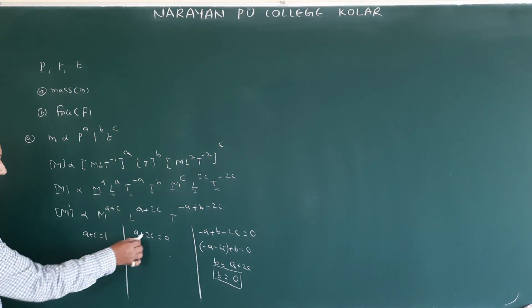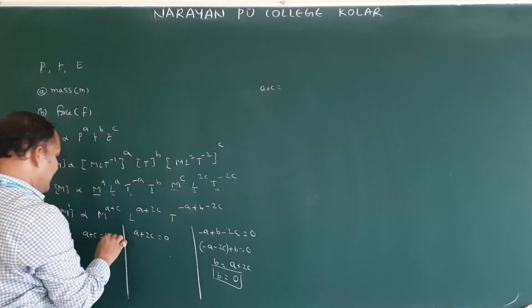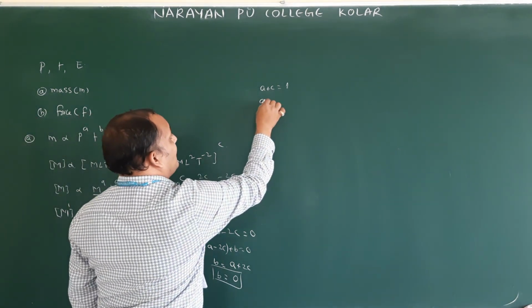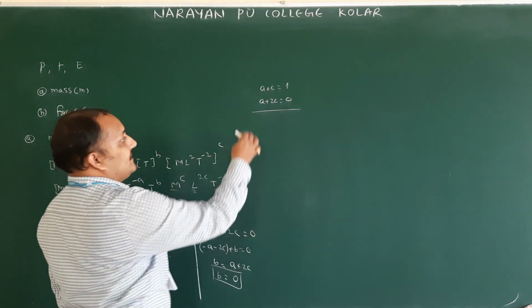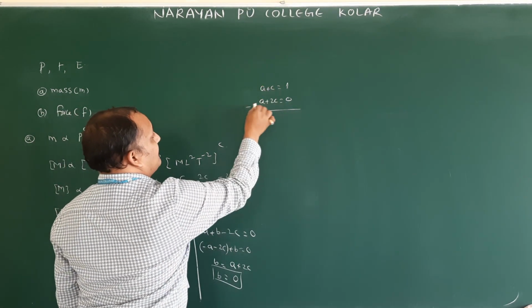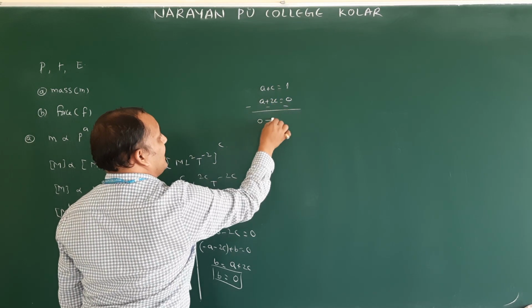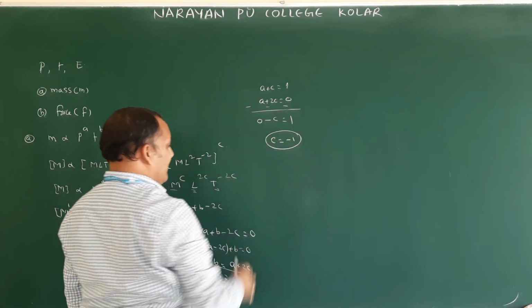So two equations, two unknowns. How do we solve? A plus C equal to 1, A plus 2C equal to 0. What will you do? Subtract. A minus A is 0, C minus 2C is minus C, 1 minus 0 is 1. Then C is equal to minus 1.